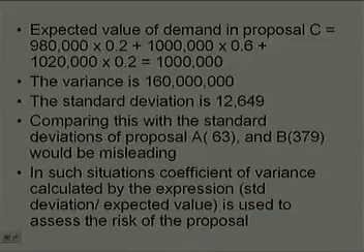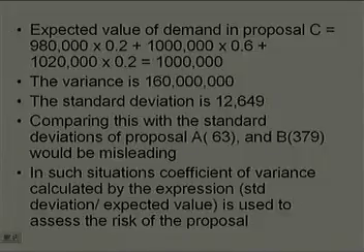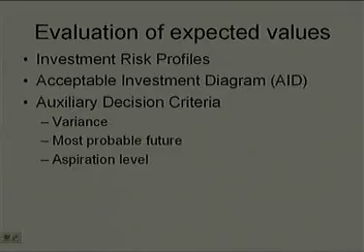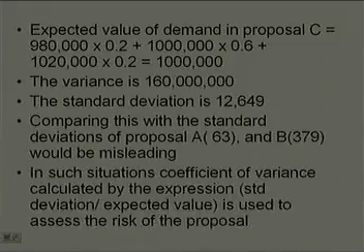That is defined by standard deviation divided by expected value. So coefficient of variation is nothing but sigma divided by expected value, where sigma is your standard deviation. So if you calculate using CV, you will find that proposal C is not that bad.